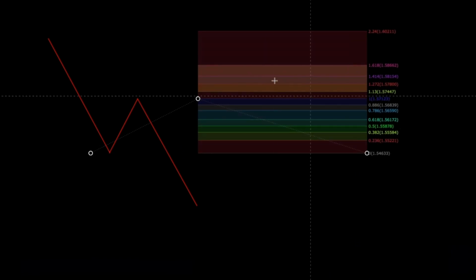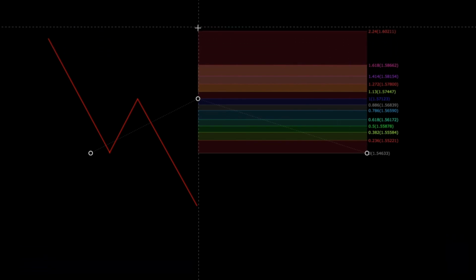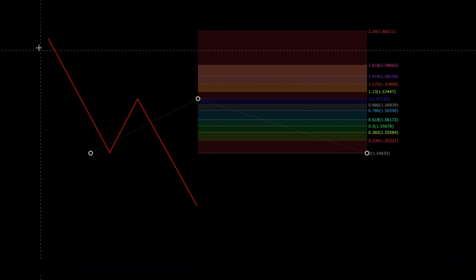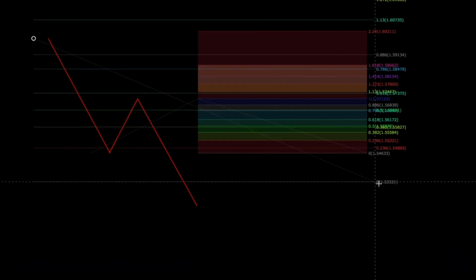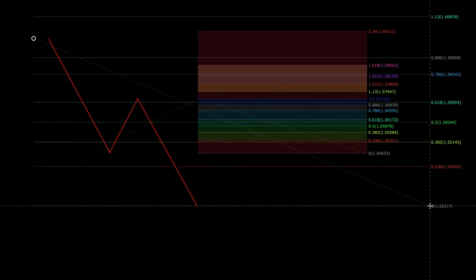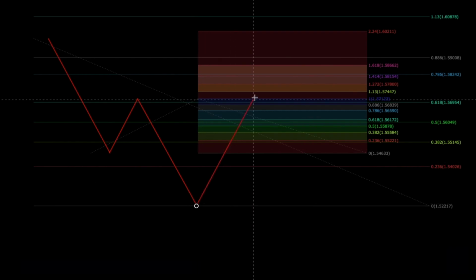Okay, we've got our zone, 1618, 224. That's where we're looking for the zone to be. Okay, we're then going to draw a normal retracement from O to B. And that's going to give us our 886. We can see how that has moved now because the pattern pushed a little bit lower than what we expected it to. Okay, and this happens in real life trading, guys.